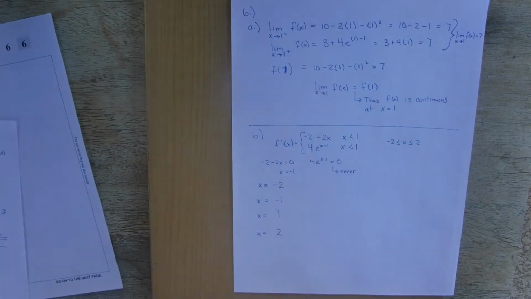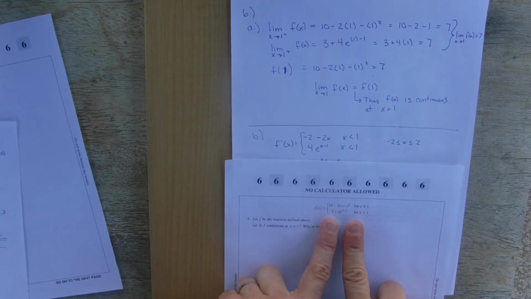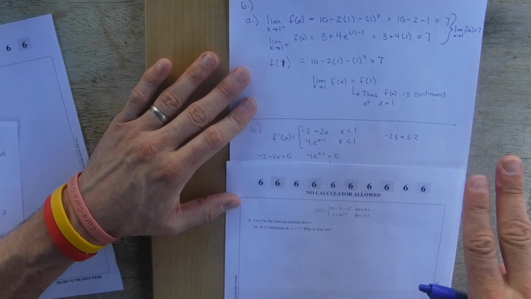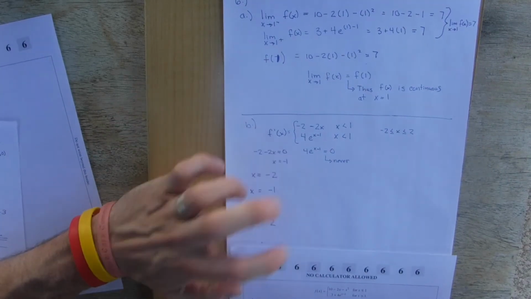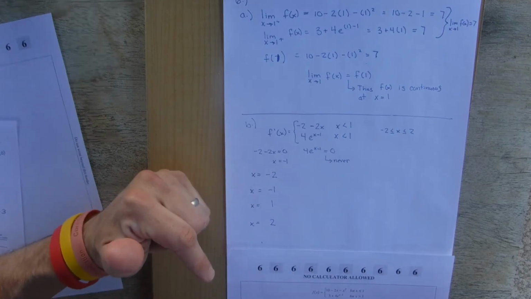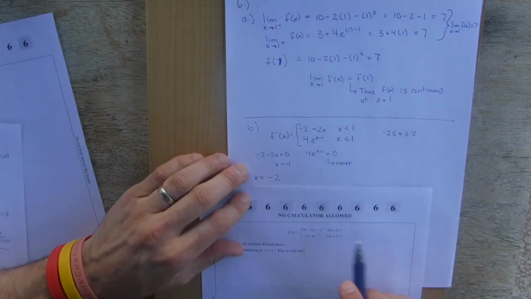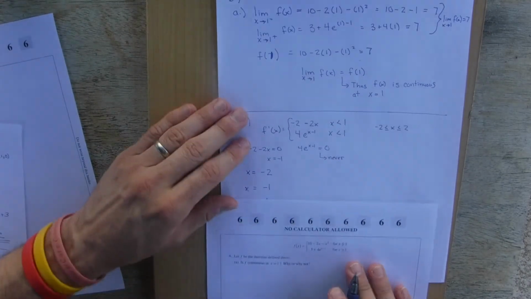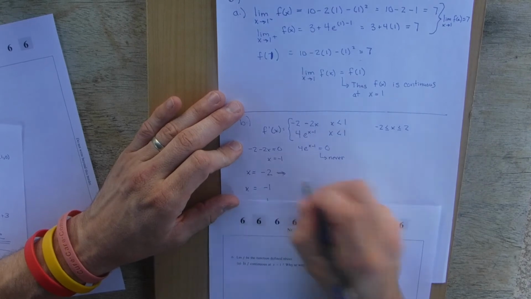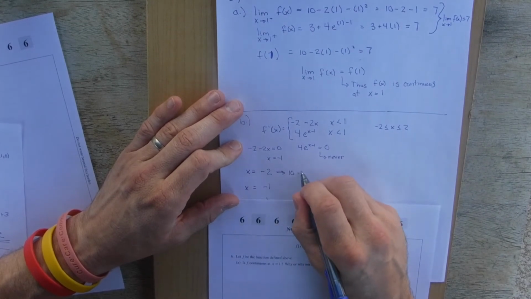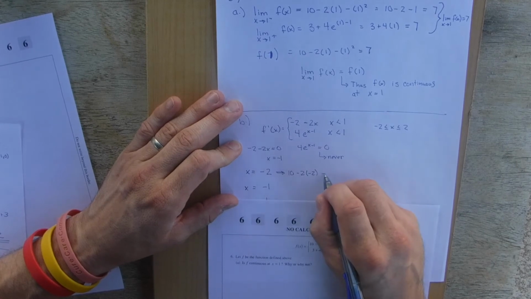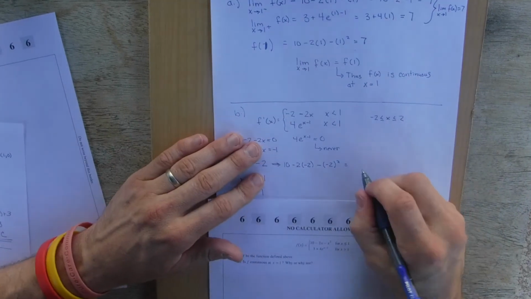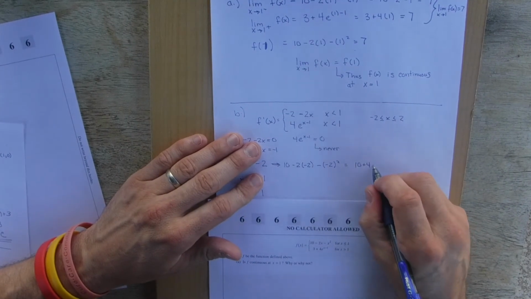Where I test them is back into the actual true blue equation. Not the derivative, but the true blue equation. These are all the important pieces, and now I'm just going to see which one is the biggest and which one is the smallest, and that would be the absolute max and min. Let's go with negative 2. That would be the one where it's less than 1, so this would imply 10 minus 2x minus x squared, 10 plus 4 minus 4.